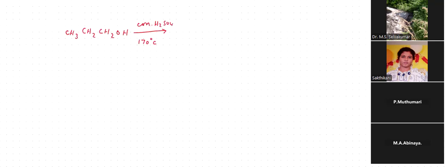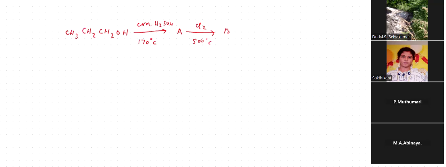A compound A is formed. When compound A is chlorinated at 500 degrees centigrade, compound B is formed. Four options are given. What is compound A and what is compound B?